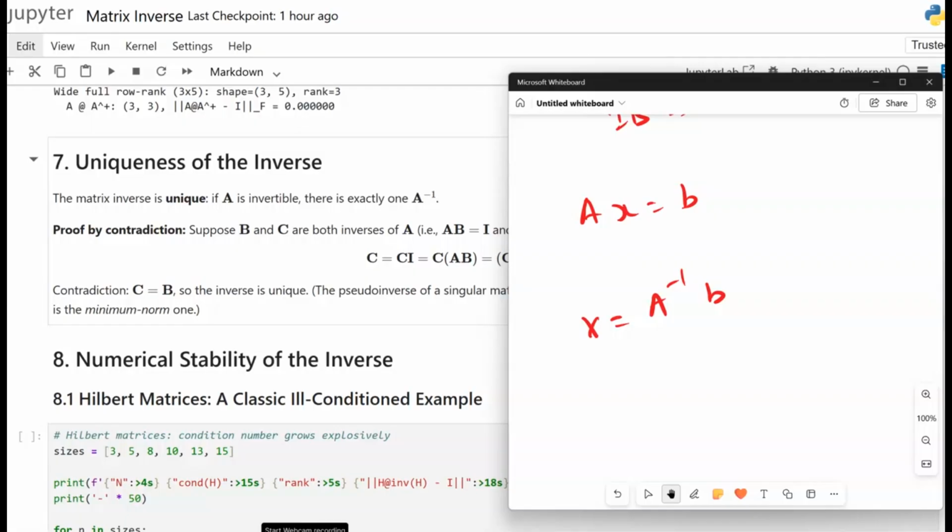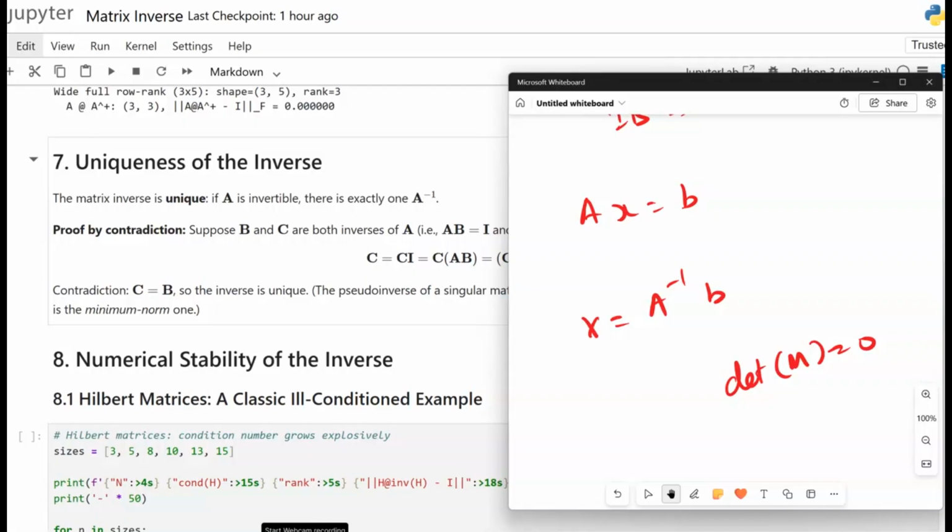Here's something worth remembering. The uniqueness property applies only to invertible matrices. If a matrix is singular, meaning its determinant is 0, then it does not have an ordinary inverse. Instead, we often use something called the Moore-Penrose pseudo-inverse.